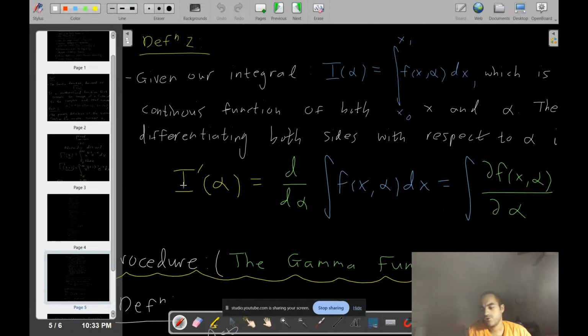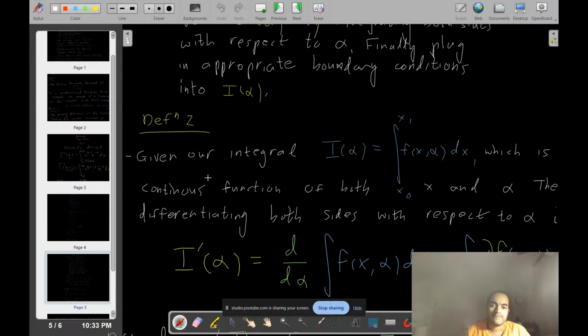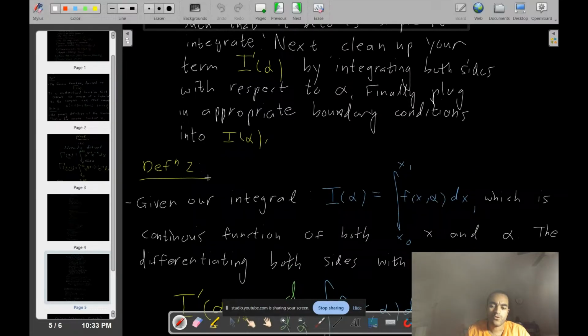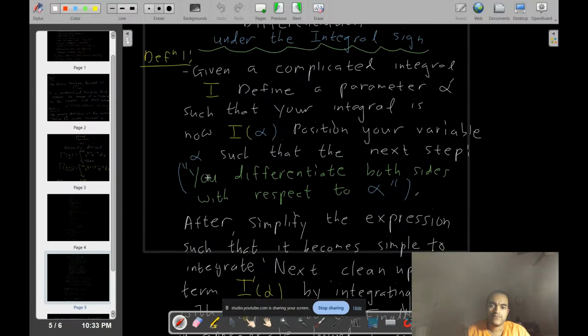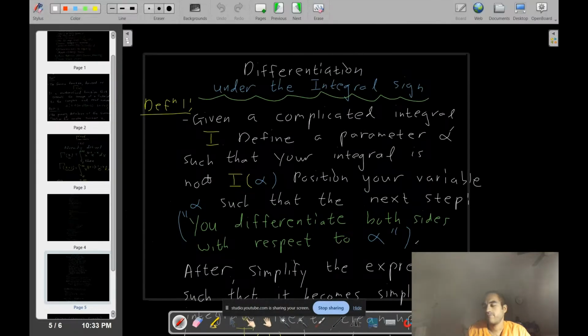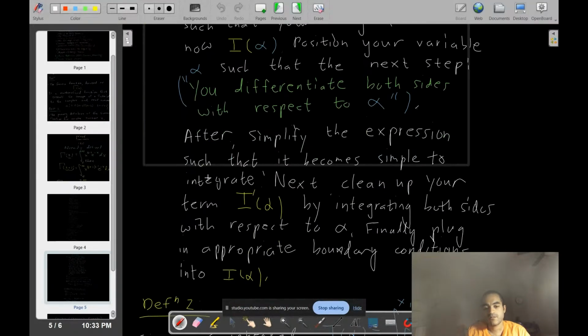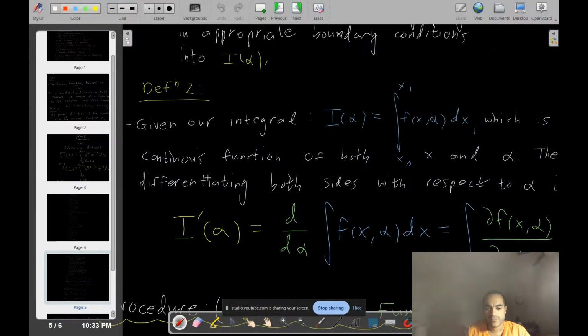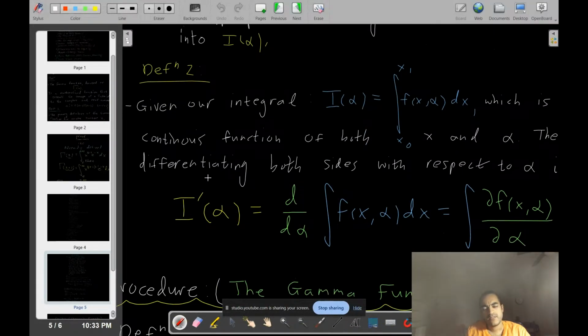And then we have definition 2. Definition 2 is just another part, the more formalized part of differentiating under the integral sign, also called the Feynman trick. Feynman, the theoretical physicist, came up with this mathematical method.